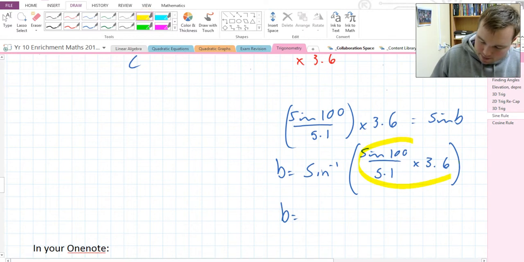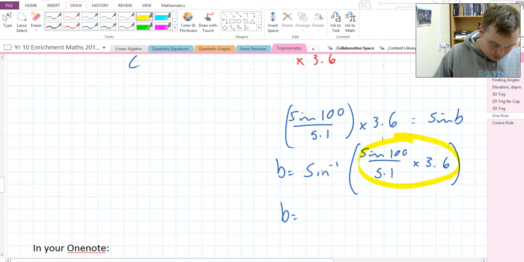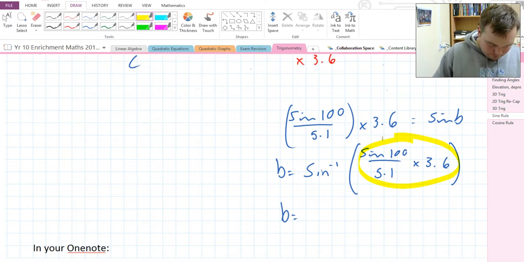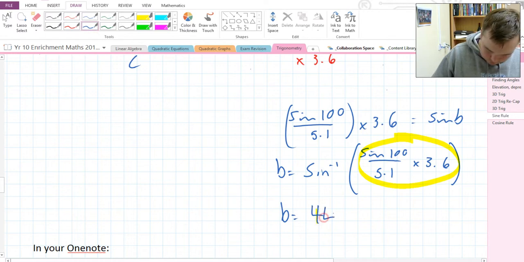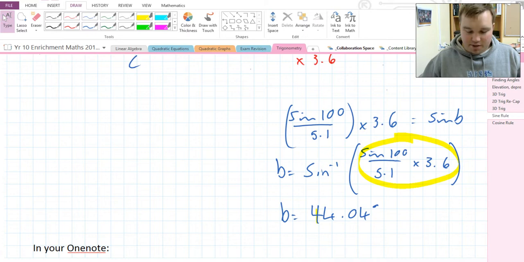You can find that first, then find the inverse sine of it. So sine 100 divided by 5.1 times 3.6. Inverse sine of that answer is B is 44.04 degrees. Alright, apologies for the errors there.